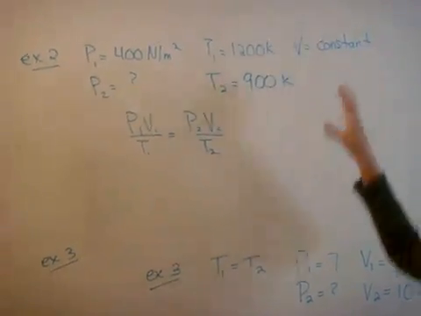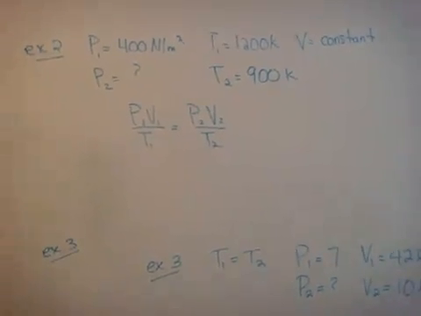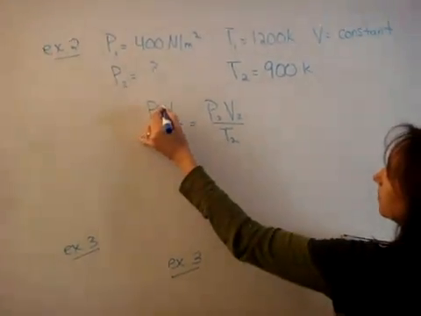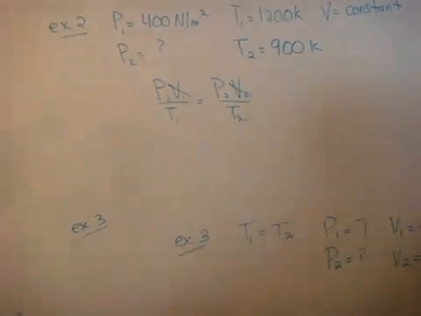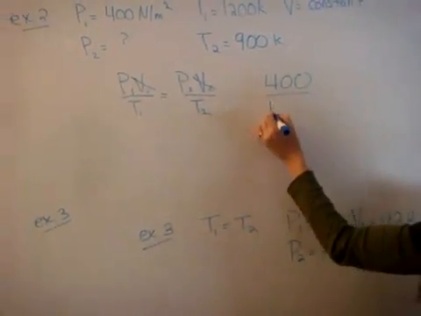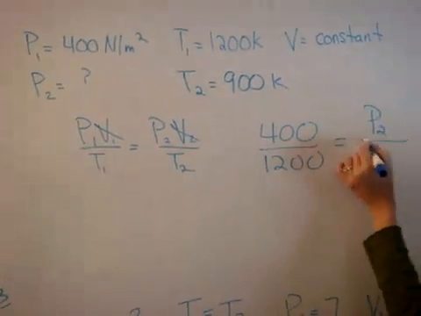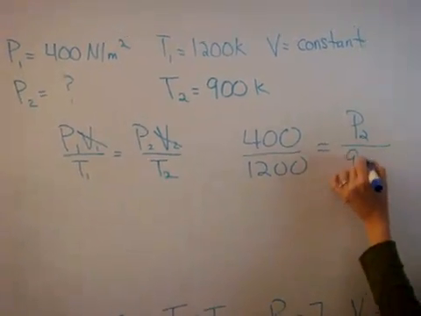Now if they tell you that something is constant, that means we don't really need it in the equation at all, so you can just cross it out and fill in the other things that you know. So we have pressure 1 is 400, temperature 1 is 1200, pressure 2 is what we're looking for, temperature 2 is 900.